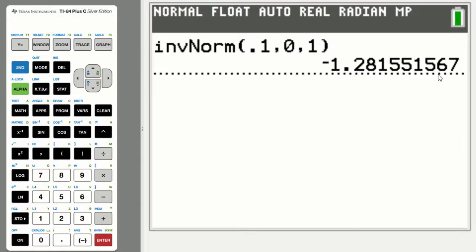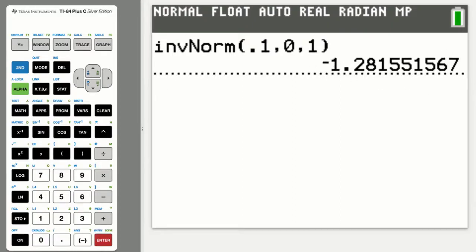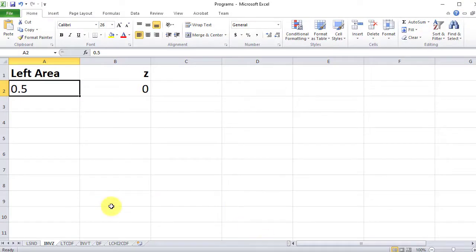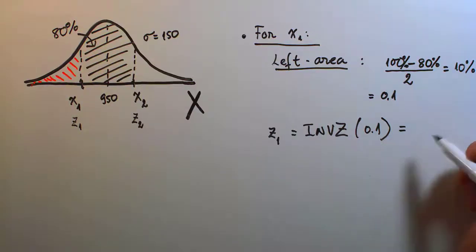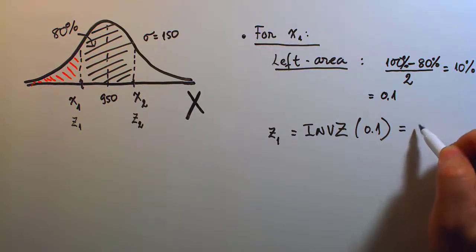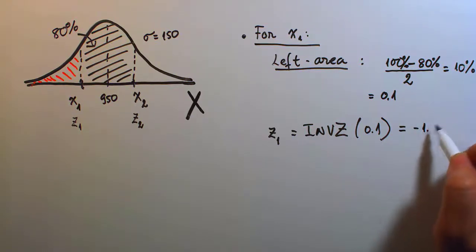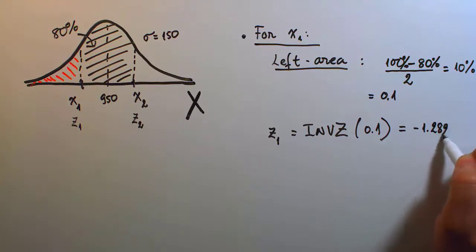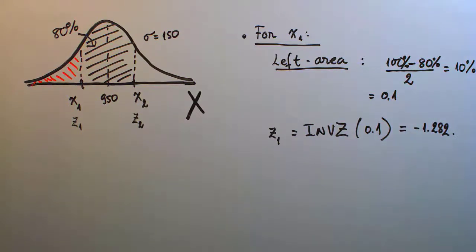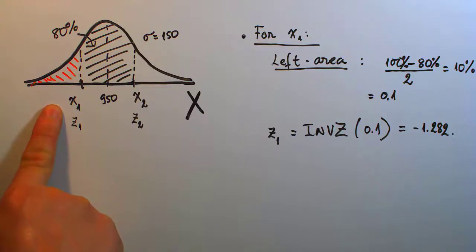And let's see what it says with my Microsoft Excel InvZ program. On my InvZ program, 0.1 as the left area gives me a z-score, and let's say I'm going to use 3 decimal precision, so negative 1.282. And that is my z-score 1 corresponding to x1.